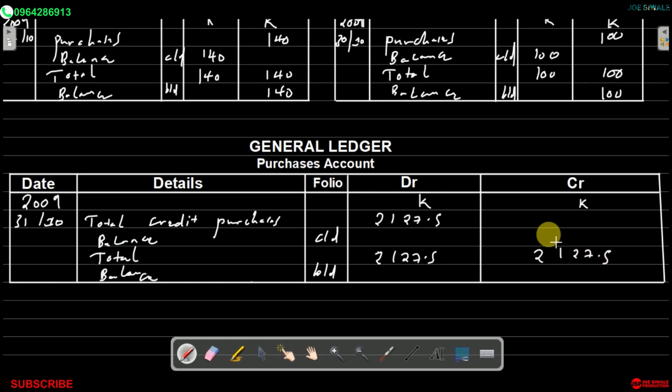Our balance carried down there is going to be shown on the credit side as 2,127.5, and the balance brought down is going to be shown as 2,127.5 on the debit side. That's how you can find the purchases book.